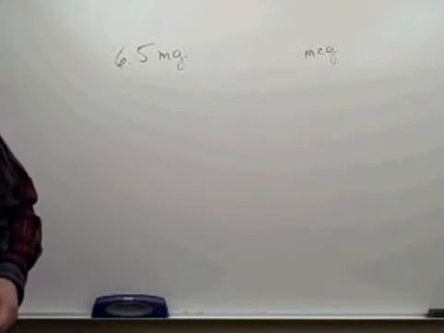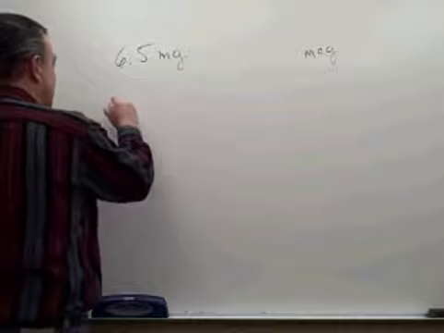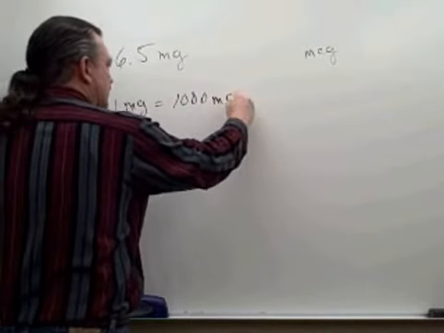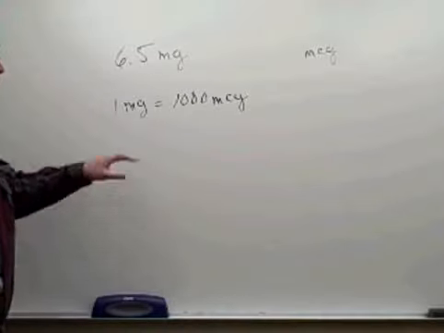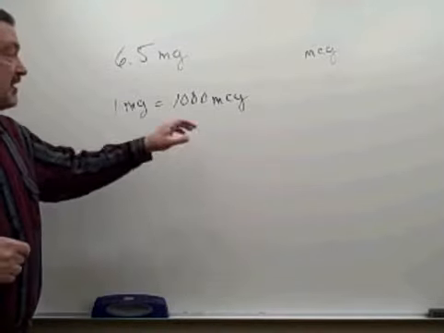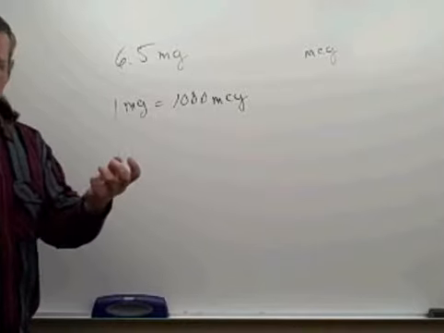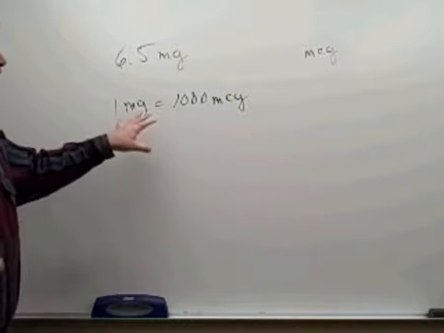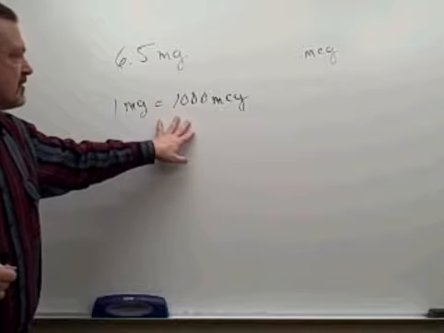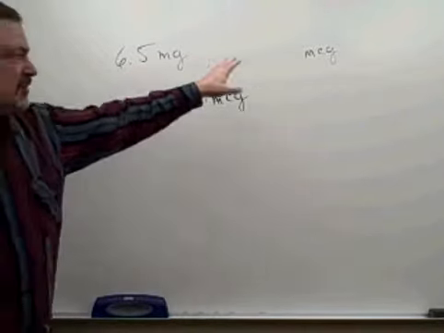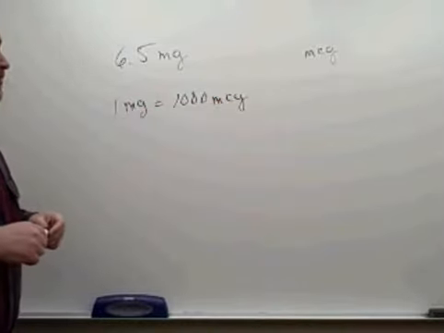It says 1 milligram is the same weight as 1,000 micrograms. So if you have a milligram, that's the same amount of stuff as if you have 1,000 micrograms of that stuff. So we can use this equivalence to convert 6.5 milligrams to its equivalent in micrograms.